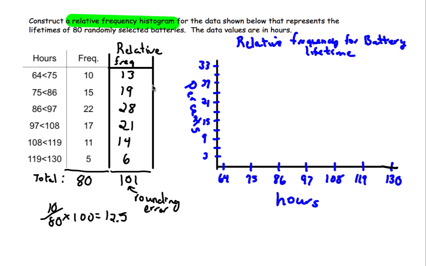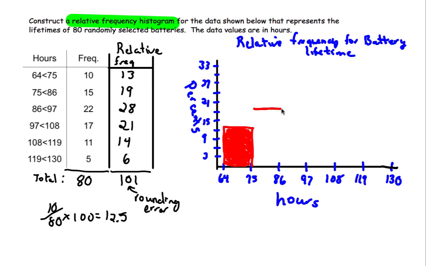Okay. So for my first class, I have a relative frequency of 13%. So I'll go a height of 13 on the y-axis, beginning at 64 on the x-axis, and ending at 75, the ending of the class interval. So let's move on to the second class. It has a relative frequency of 19%.